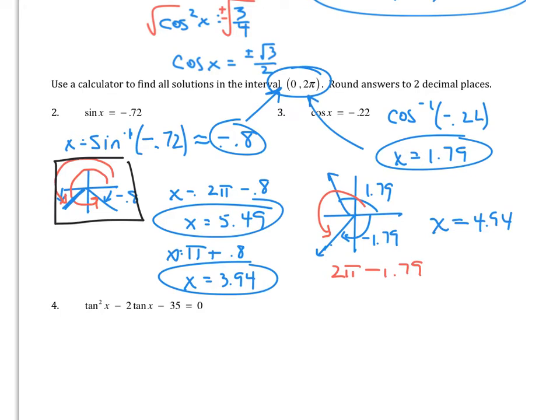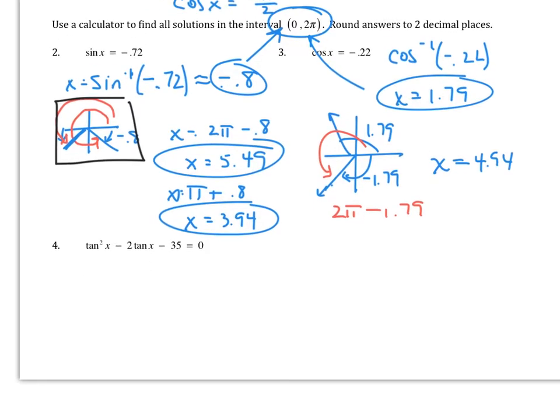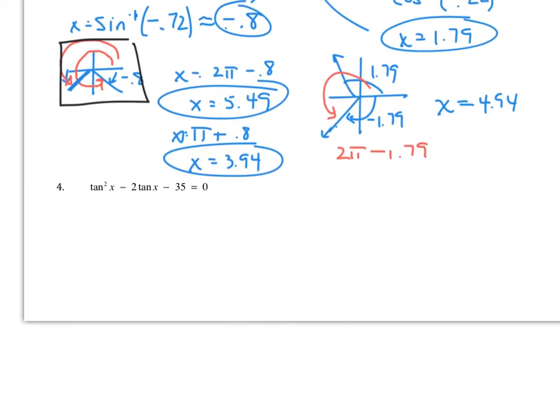Okay, moving on, third example here. Always think about factoring first anytime you have a squared function and a non-squared function. So it looks like a trinomial here. Two numbers that multiply to be negative 35 and add to be negative 2 are negative 7 and 5.